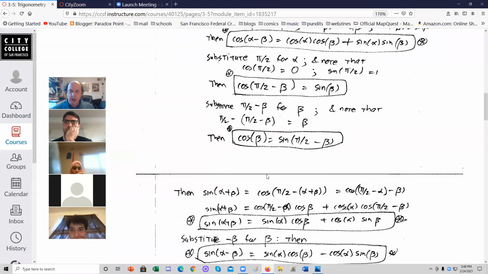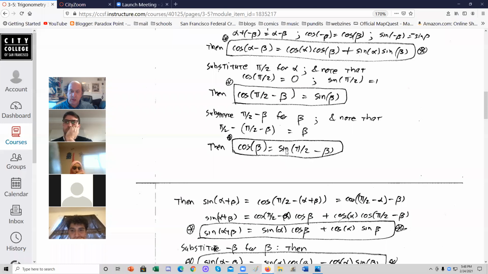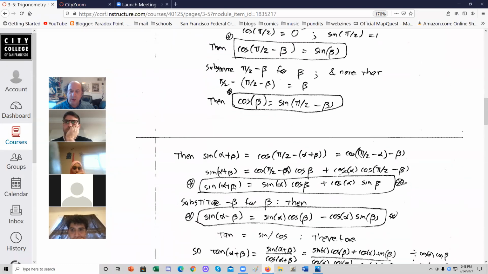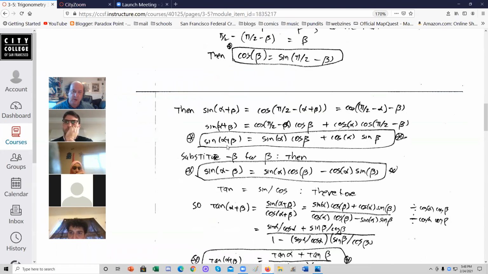So plugging that into the cosine difference rule, you get cosine of pi halves minus alpha times cos beta plus sine of pi halves minus alpha times sine beta. So you get the sine of a sum, alpha plus beta, equals sine alpha cosine beta plus cos alpha sine beta. If you substitute negative beta in for beta, this would be a sine of alpha minus beta.